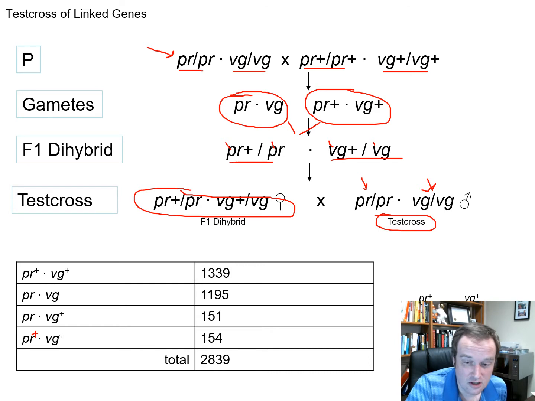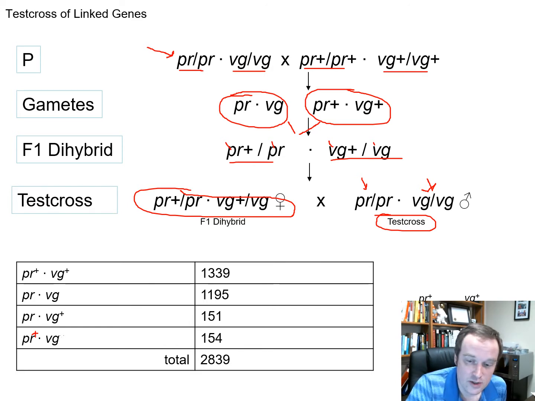From that, just looking at these ratios, we can understand that the classes where we have the largest number of individuals show that the genes are on the same chromosome, right? Because recombination is relatively rare between genes.